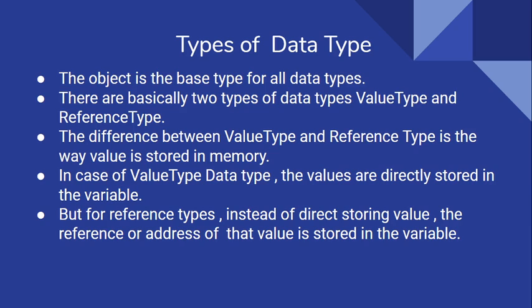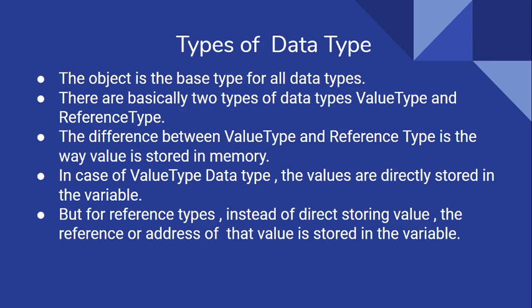The only difference is the way the variables of these data types are going to get memory, that is, the way the compiler allocates the memory. There is only this difference. In case of value type data types, the values are directly stored in the variable. So let's take the previous example.